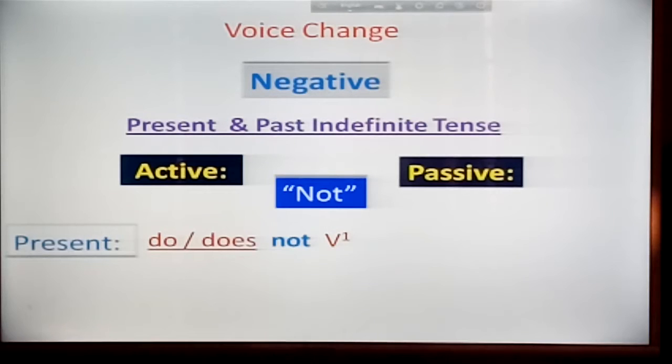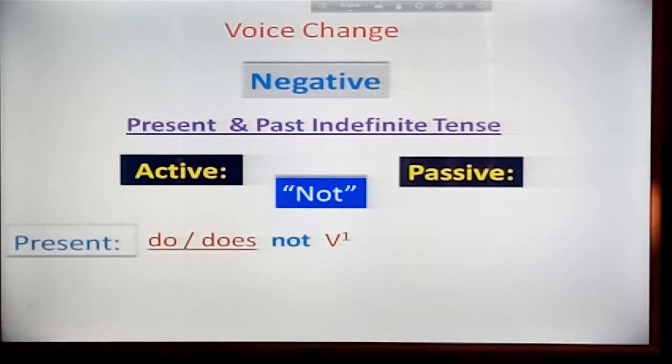I repeat, do or does is never ever repeated in the passive voice. Instead, we use a right form of the be verb. The auxiliaries do or does is transformed into a right form of the be verb in the passive voice.